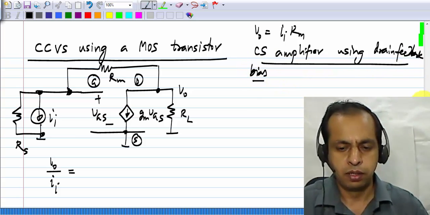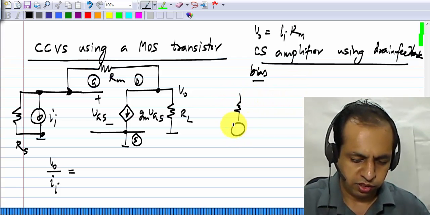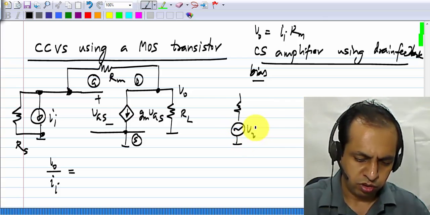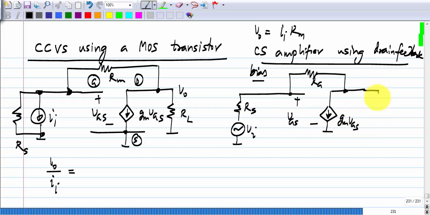If you recall, the small signal equivalent circuit of that was like this. The MOS transistor was here, the input was a voltage source Vi in series with a resistance Rs, and the feedback resistance was called Rg. This is VGS and gm VGS, and this is RL. Now you can see that what I have here looks exactly the same as this.